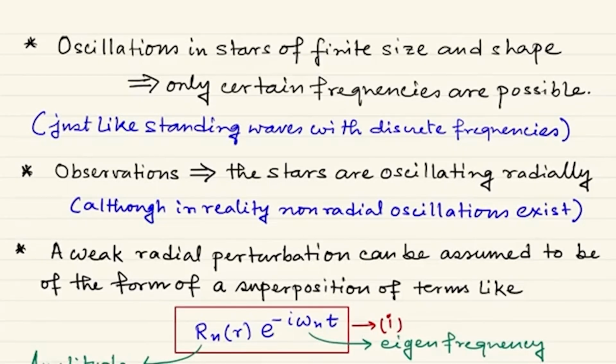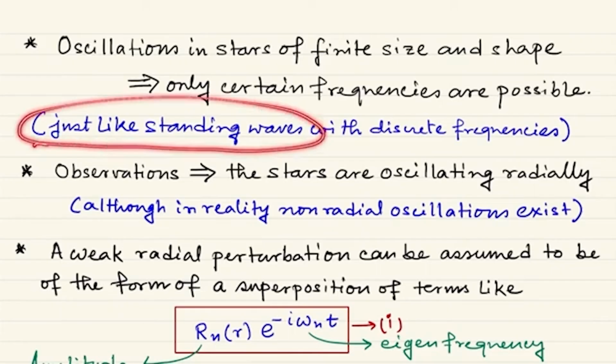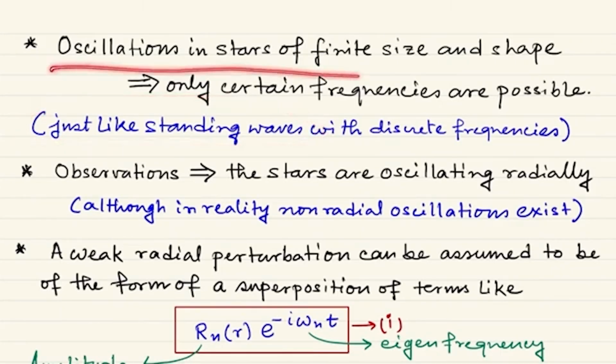It propagates with certain frequencies, determined by the problem and its boundary conditions, because the system is finite. This is the same type of case, and it is very reasonable to assume that, just like standing waves, the oscillation of the stars is also expected to take place with certain discrete frequencies only.